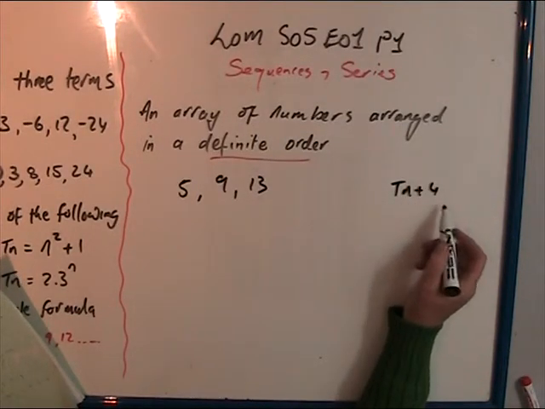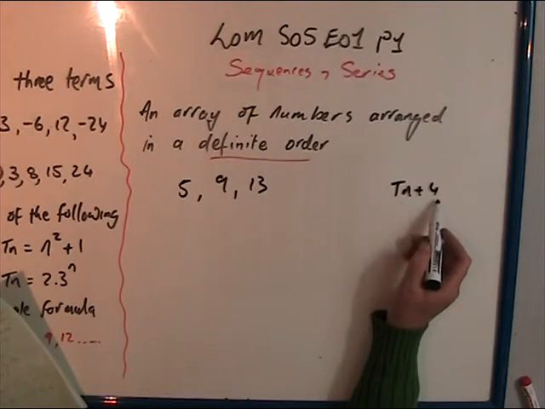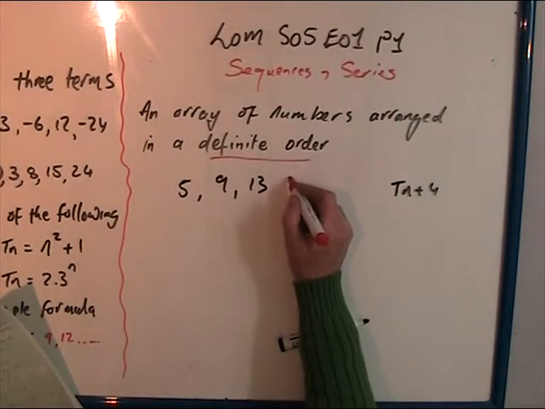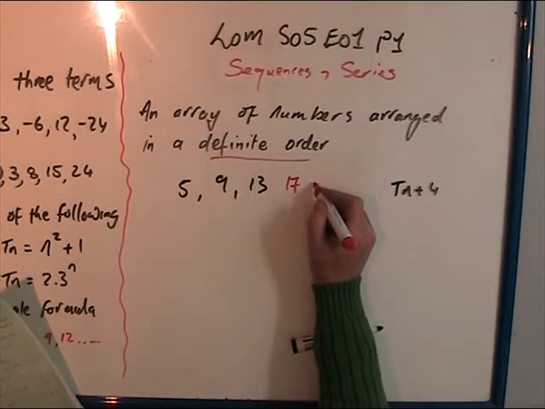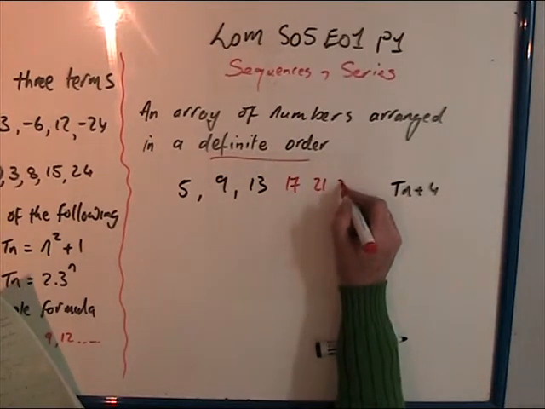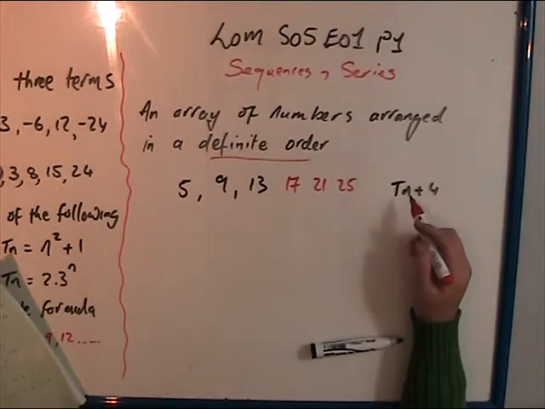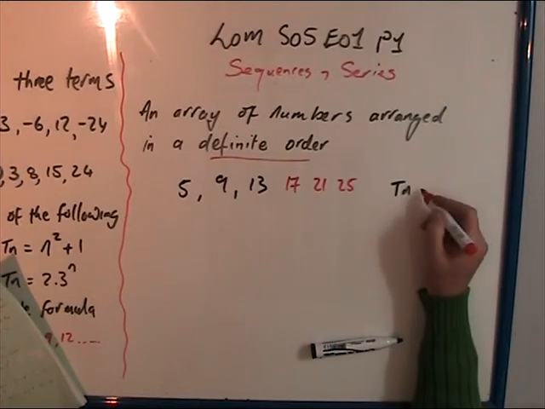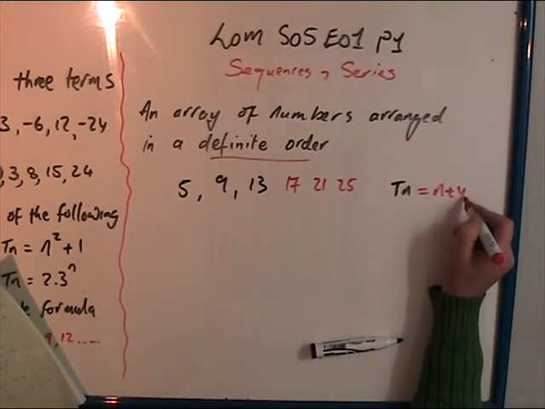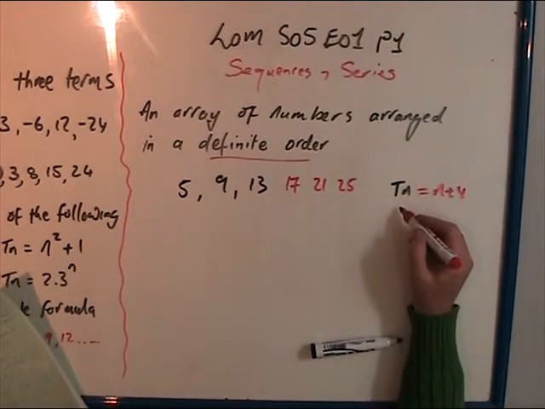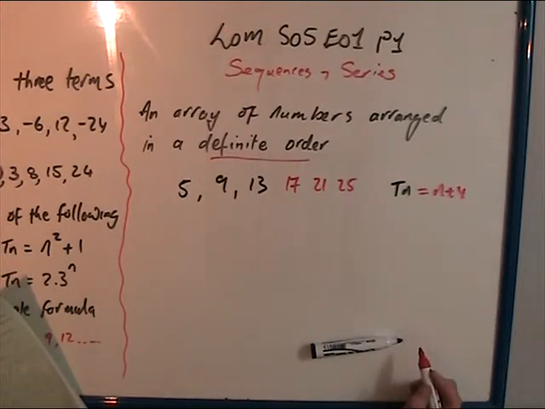So 13 plus 4 is 17, 17 plus 4 is 21, and 21 plus 4 is 25. So that's our arrangement, and the nth term is usually referred to as Tn.